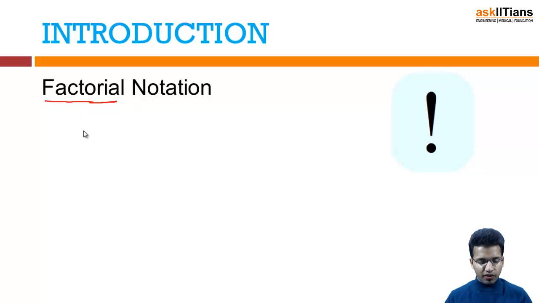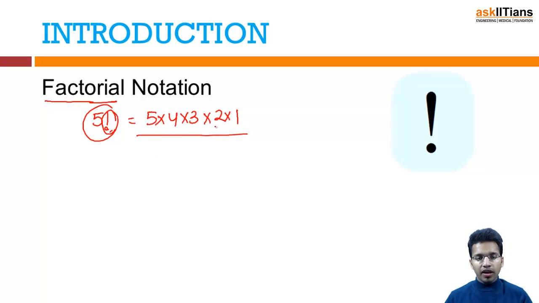For example, if I write 5 factorial, what does the factorial notation do? It means that the number I am writing is expressed as the product of consecutive numbers less than it, going down to 1.